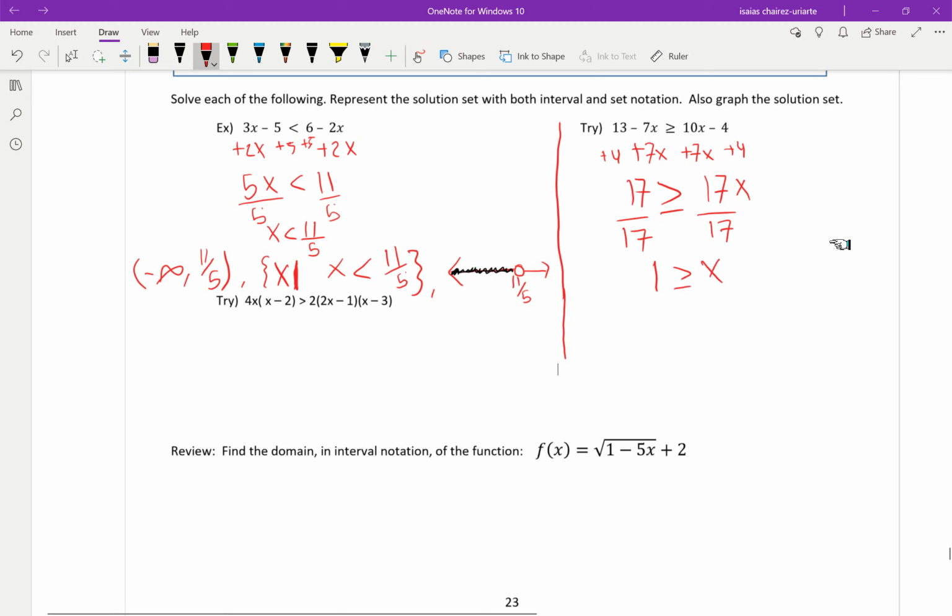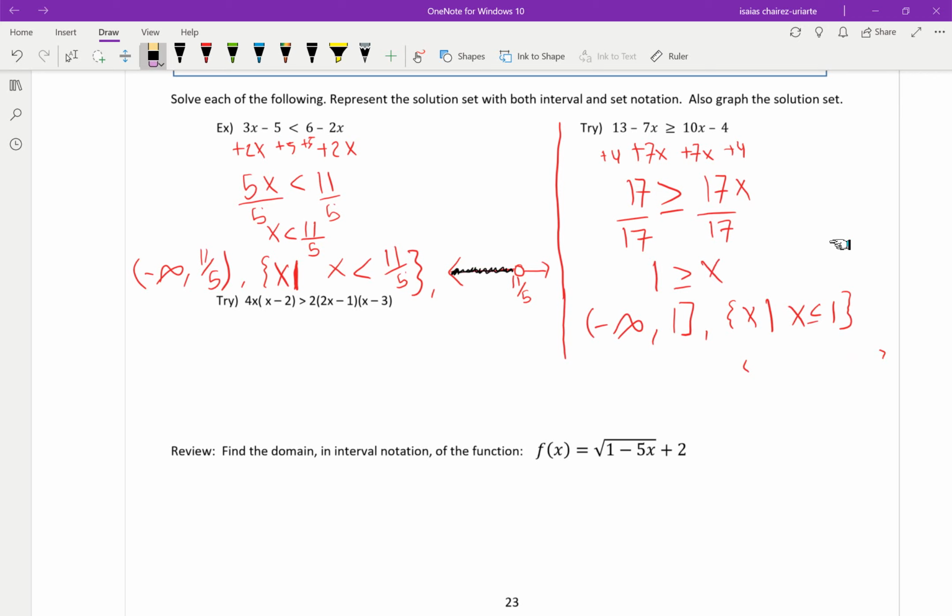Okay, so it's going to be negative infinity to 1 with a bracket. That's the interval notation. The set builder notation would be x's such that x is, well, less than or equal to 1. And the graphical representation of this solution, well, it looks something like this.